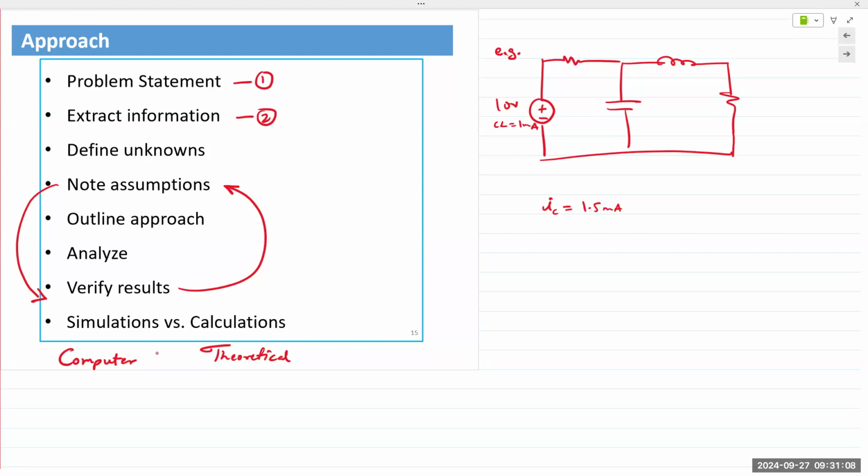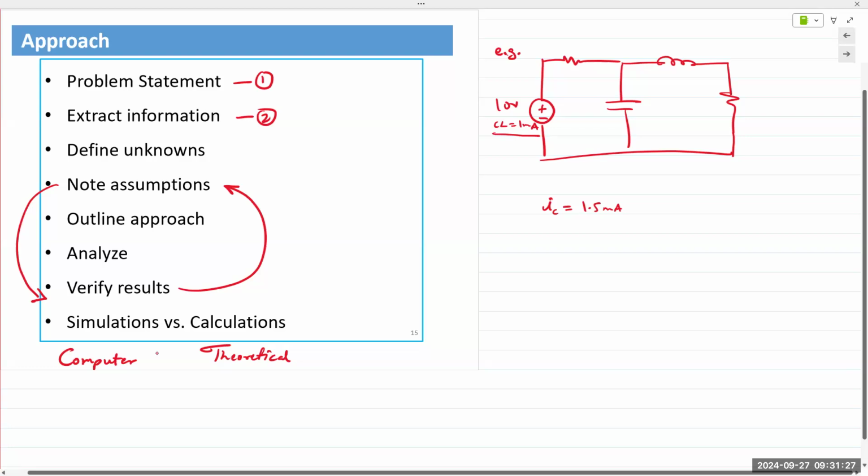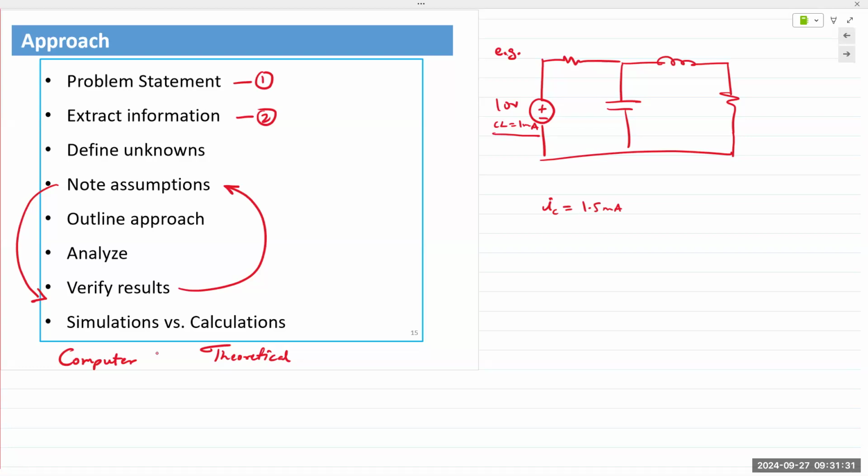But if you miss the current limit of 1 milliamp from the power supply, your final answer would then be incorrect. Everything is correct about your approach, about your calculations. But if there is a current limit specified in the circuit diagram of 1 milliamp, there is no way that the capacitor current or any current in that circuit for that matter would be higher than 1 milliamp. Does that make sense?